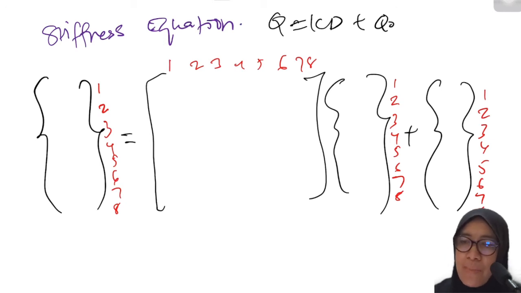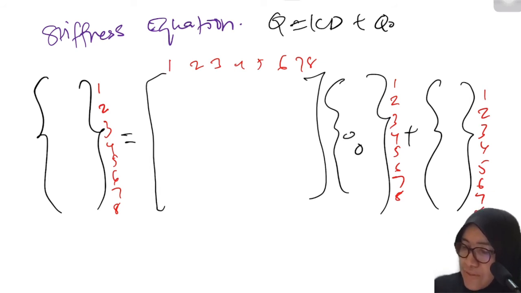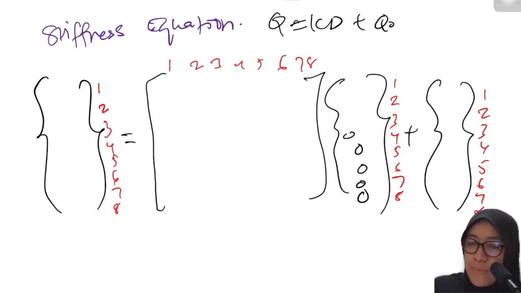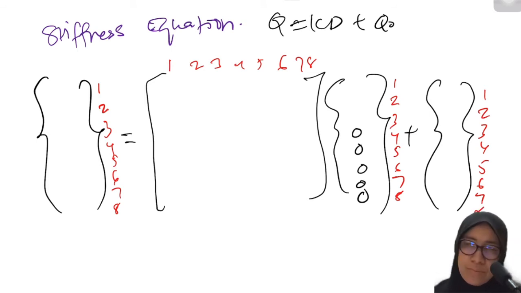However, remember that since displacement from 4, 5, 6, 7, 8 is 0, there are 5 values of 0 displacement. When K times 0, we get 0.